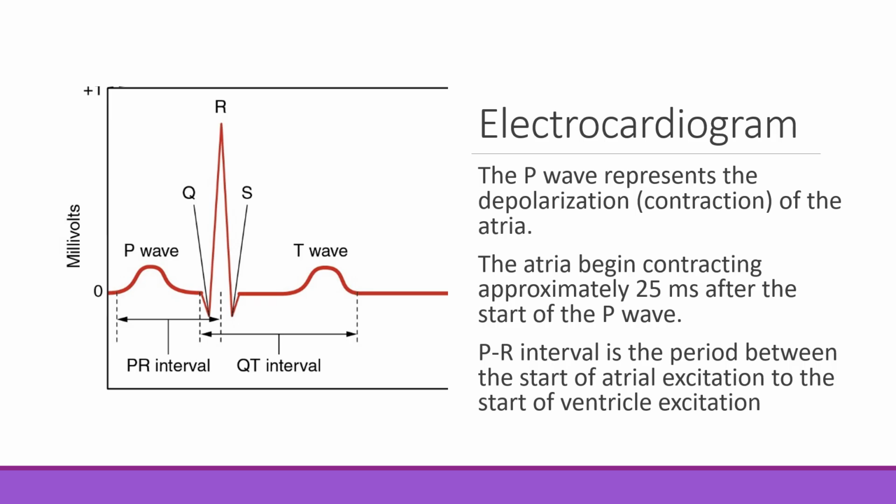So depolarization and the word contraction mean the same thing. The atria begin contracting at approximately 25 milliseconds after the start of the P wave. We have the PR interval, which is along the bottom on our EKG on the side. It is the period between the start of atrial excitation to the start of the ventricular excitation.